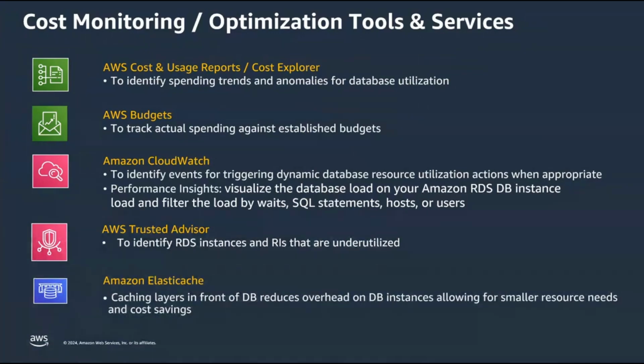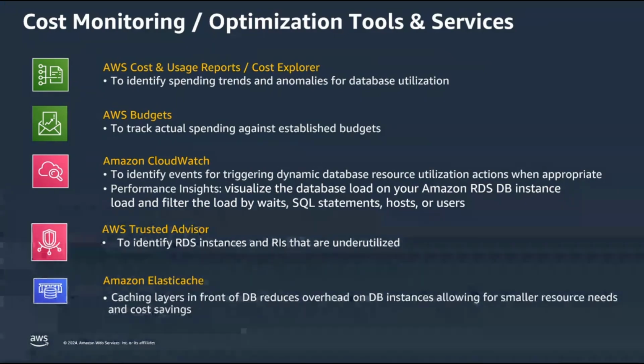The first are the Cost and Usage Reports and Cost Explorer, which we're going to talk about in more detail. Then AWS Budgets, CloudWatch, and Trusted Advisor, which also has a cost optimization section that, surprisingly, sometimes has very good advice. ElastiCache, I just added here for completeness' sake, but it's not really a cost optimization tool.